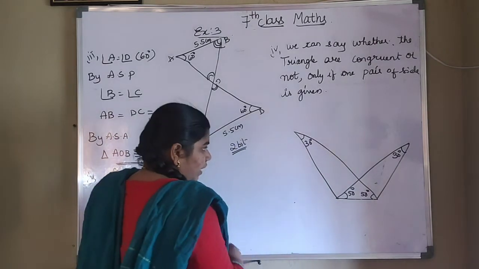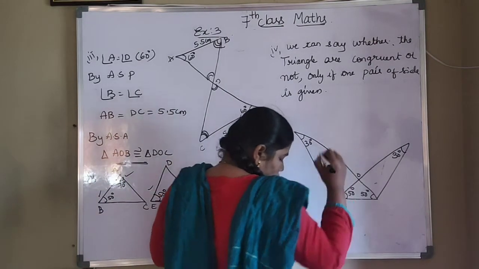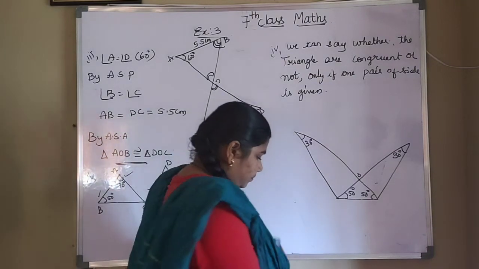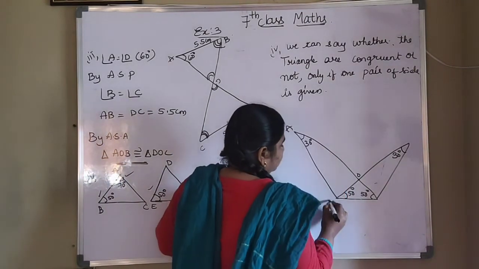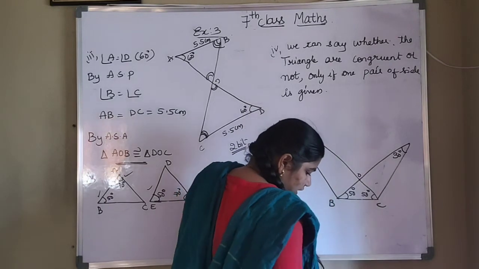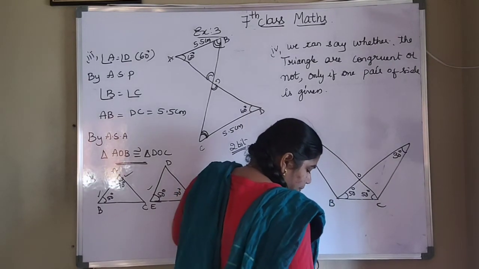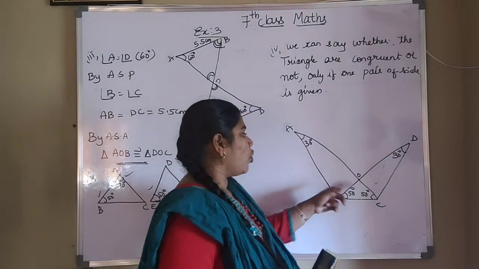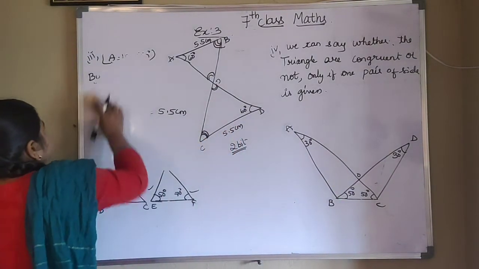This intersection point is O. What we have to find is whether triangle ABC is congruent to triangle DCB. So whether these two triangles are congruent or not, we have to find.